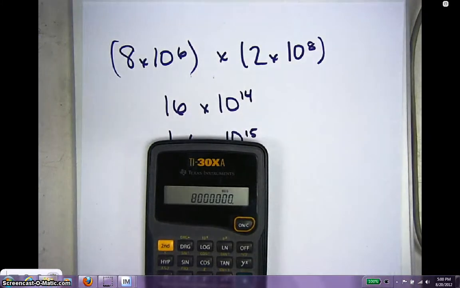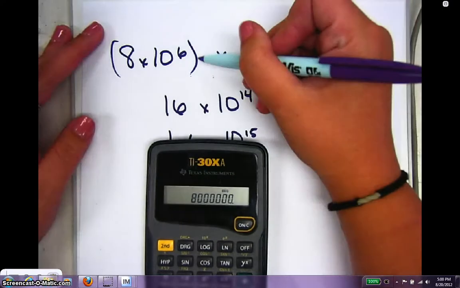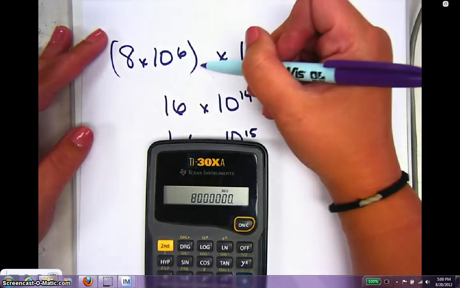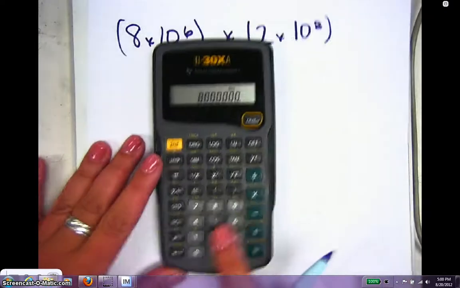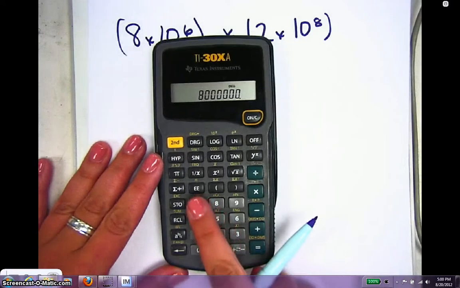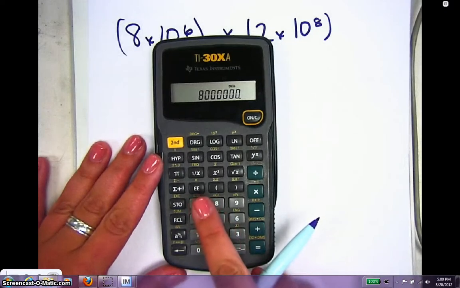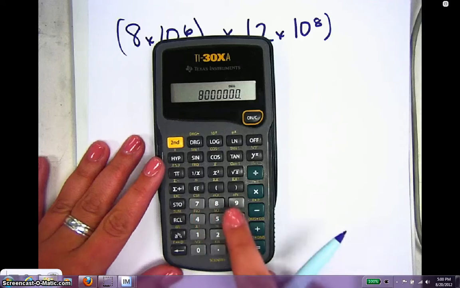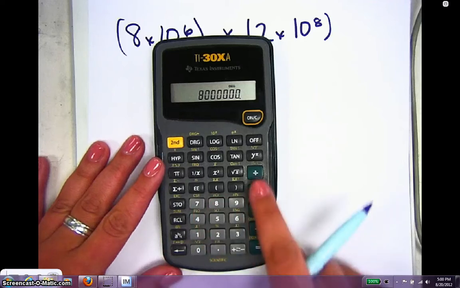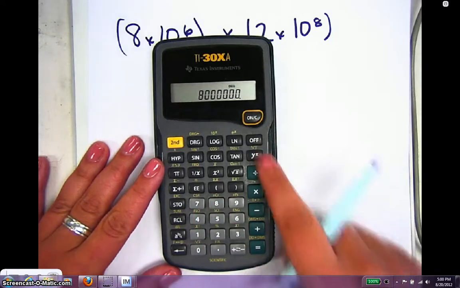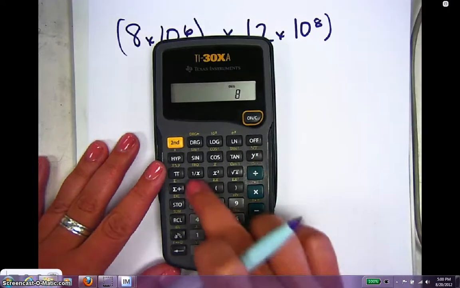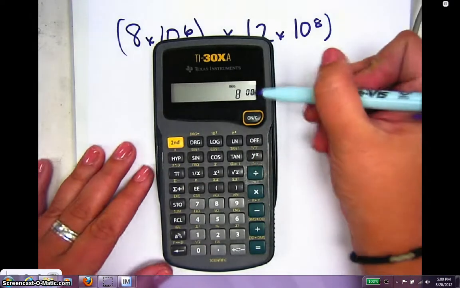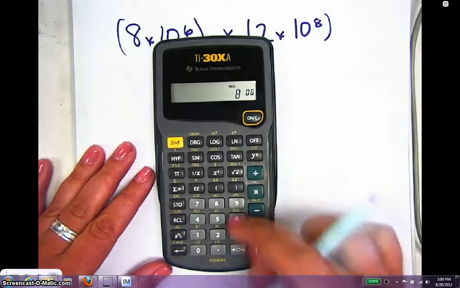So there is a cheat on the calculator in order to make the calculator think that the scientific notation is just one number, and that is this button right here, the EE button. Okay? So if I wanted to punch in 8 times 10 to the 6th, all I have to do is hit 8 and hit this EE button, and you see these two little zeros pop up, and I just hit 6.